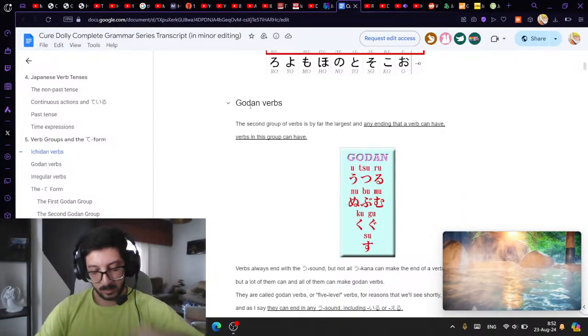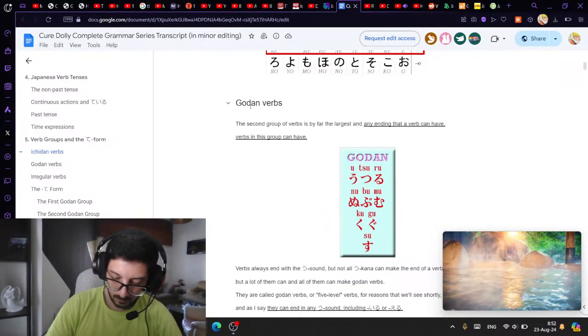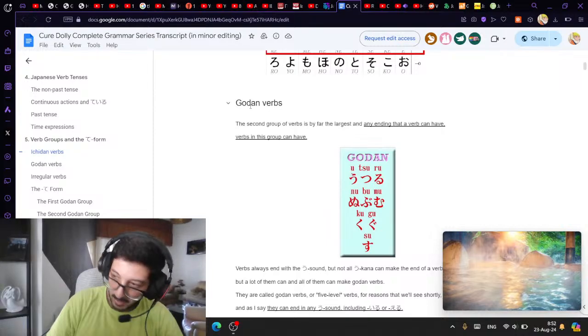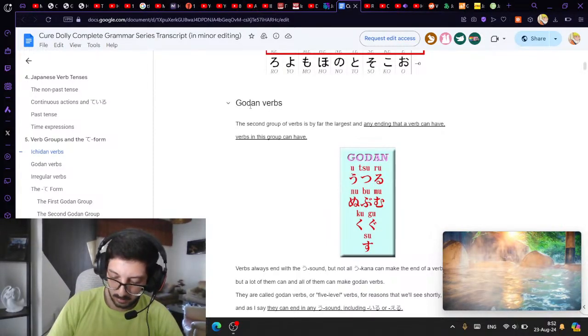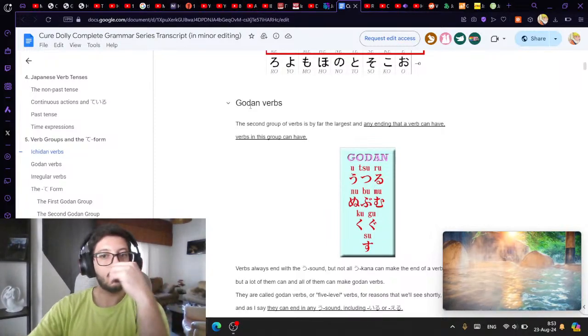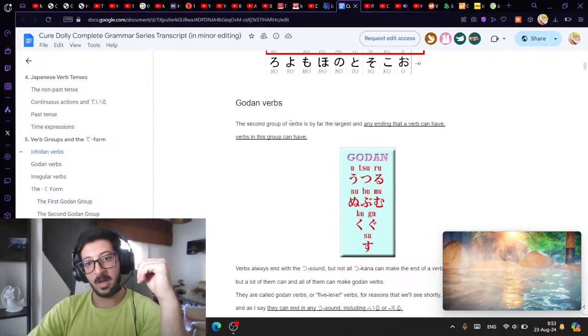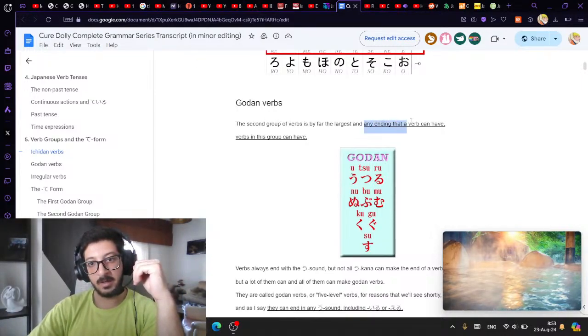The Godan verbs, the second group. The second group of verbs is by far the largest, and it can have any ending that a verb can have.